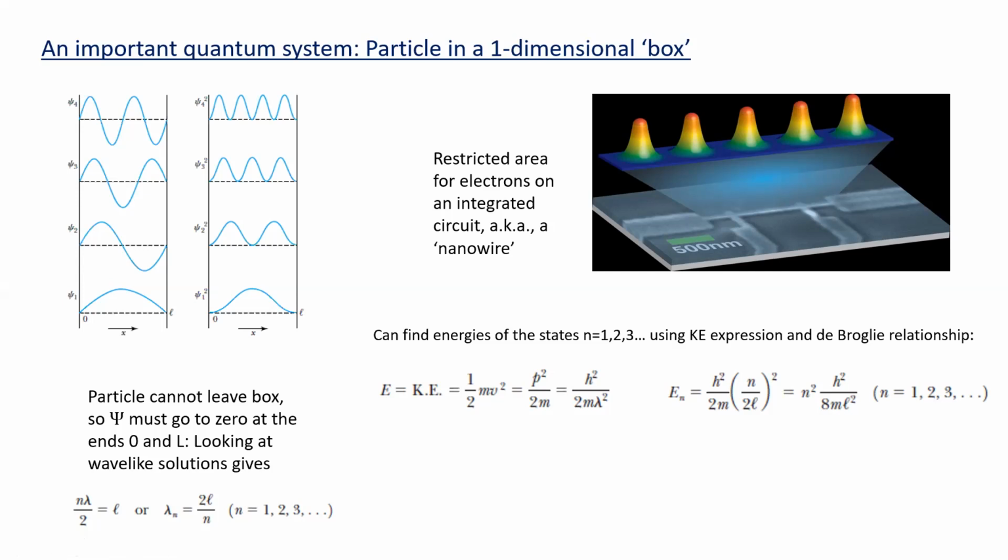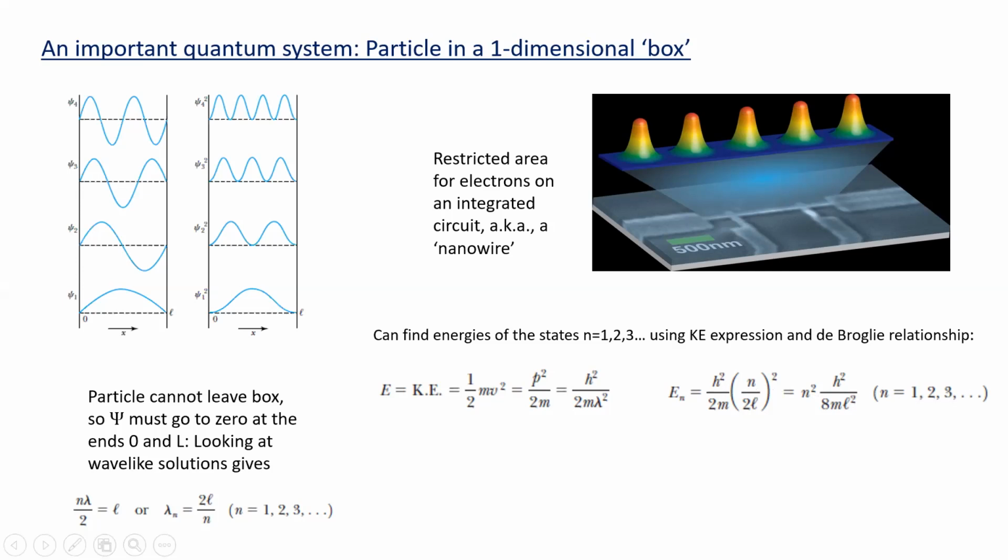The mathematics is the same. So if we substitute in for lambda here in the denominator, we have h squared over 2m times... lambda is 2L over n, but if we reciprocate that, we get n over 2L squared. Simplifying everything, we get n squared times h squared over 8mL squared, where n is equal to 1, 2, 3, etc.